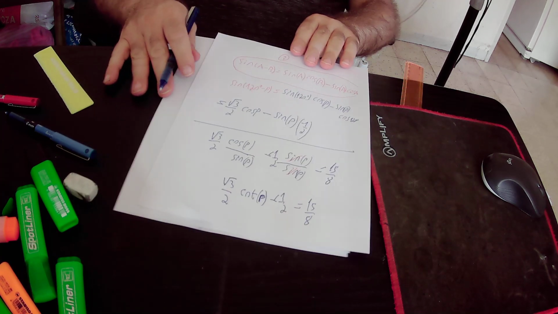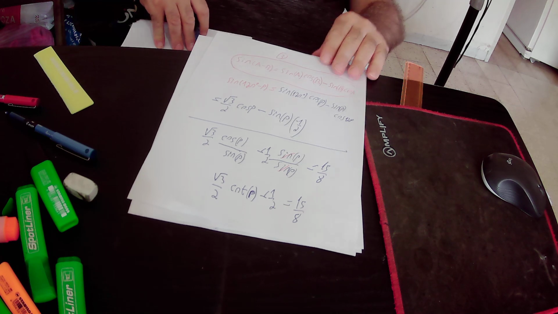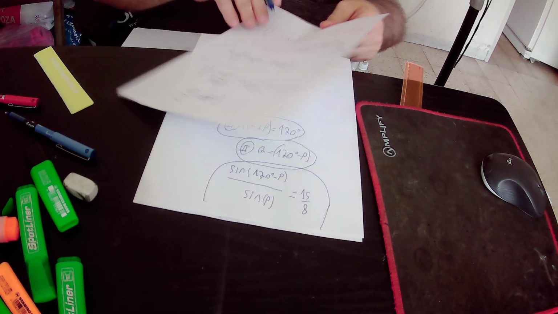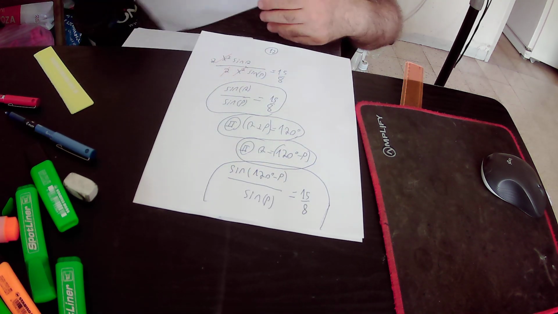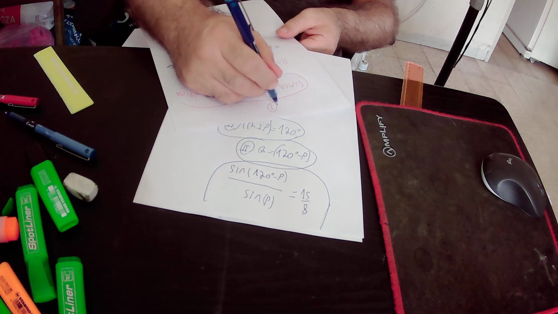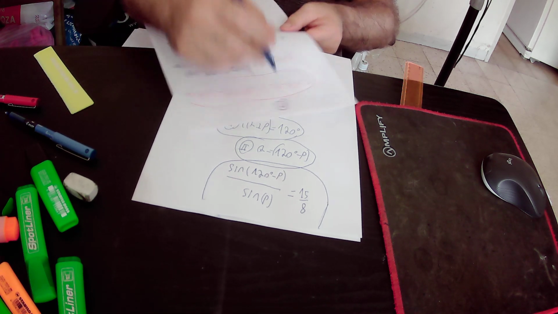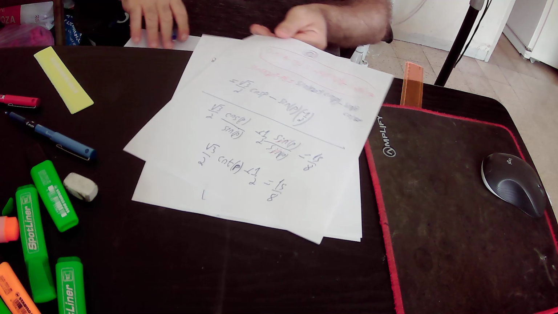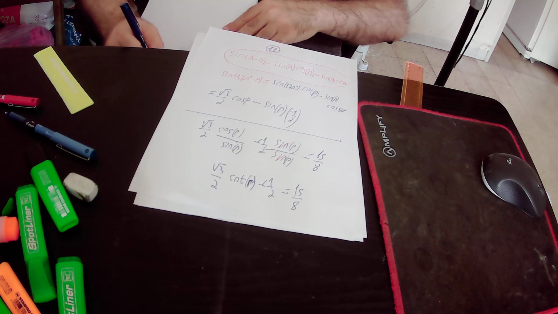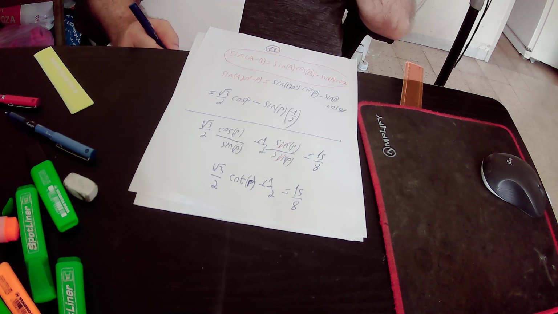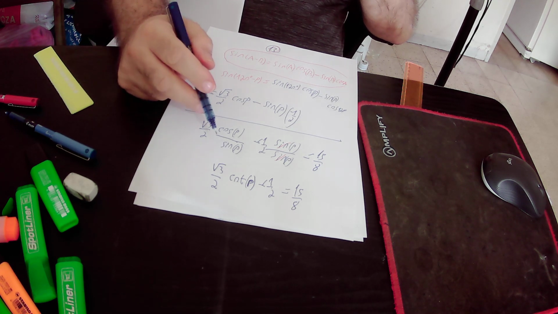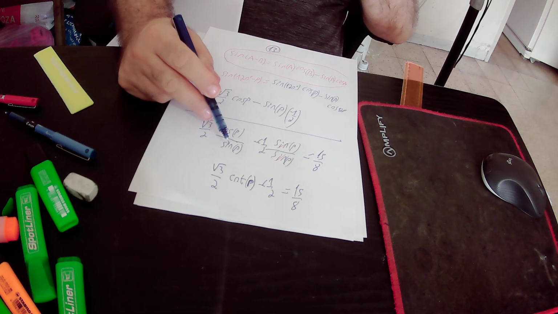So in total we found out that root 3 over 2 here, cotangent p equals to 1 over tangent p.